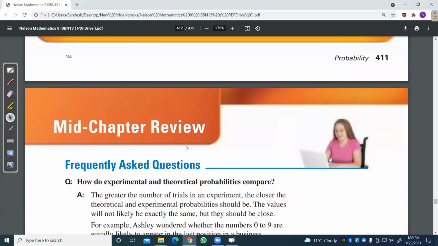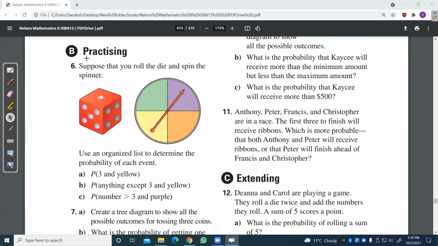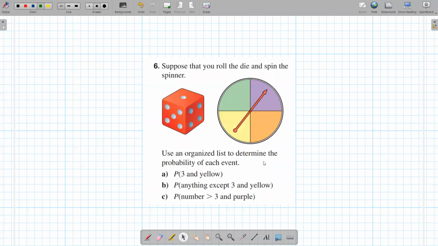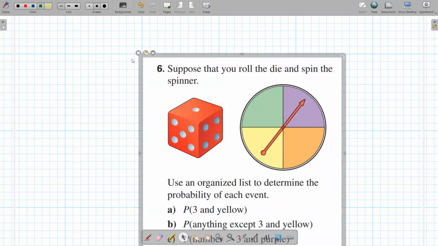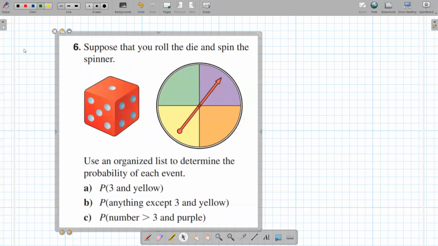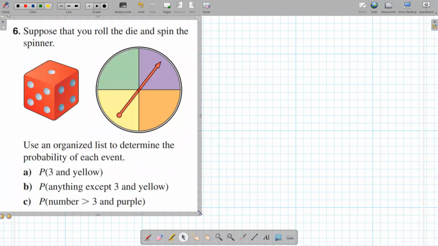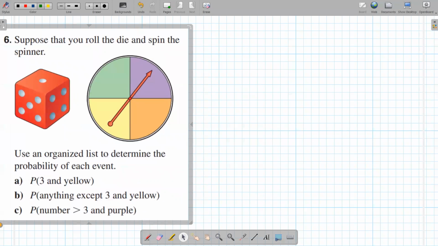So now we're combining probabilities, okay? It's a little bit different. I mean, a little bit trickier, but it's not that bad. So how do we draw the tree diagram for this one?